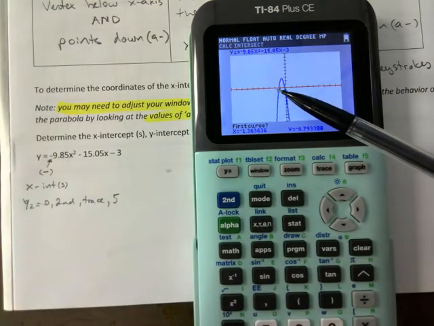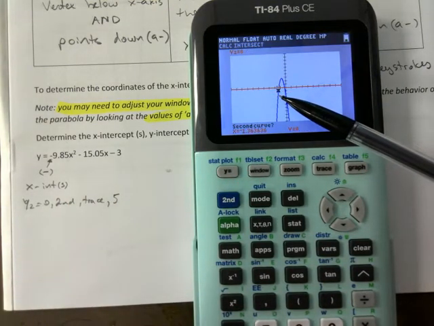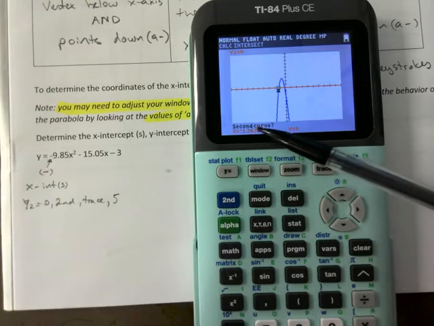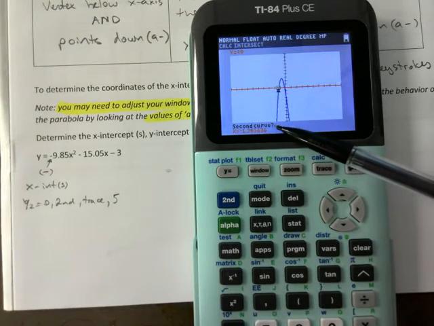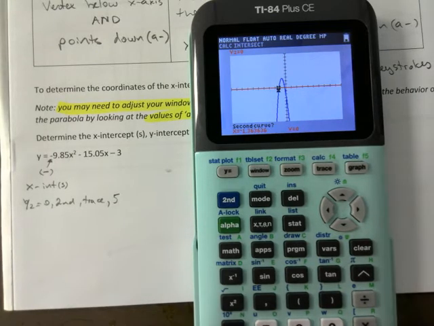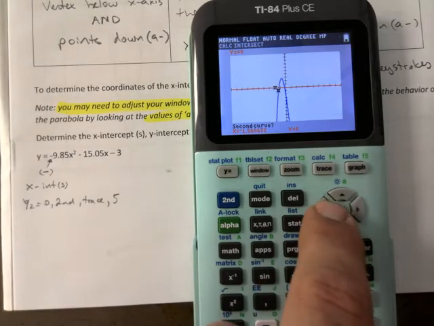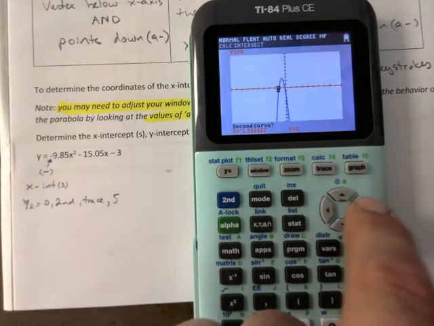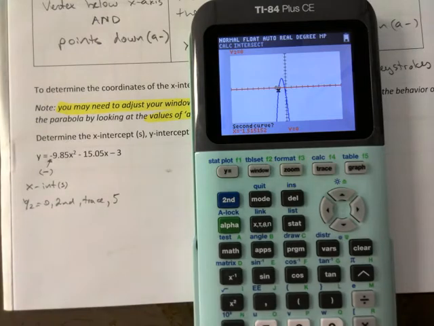And then you press enter. What is it asking you for now? Second curve. Give me a point on that second curve you just have on your calculator. And by default, it's going to follow you. Wherever you pressed already, it's going to follow you on that second curve. So we're just going to hit enter. You could go side arrow if you want, but by default, it's just going to follow you.